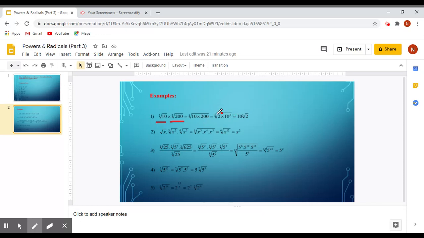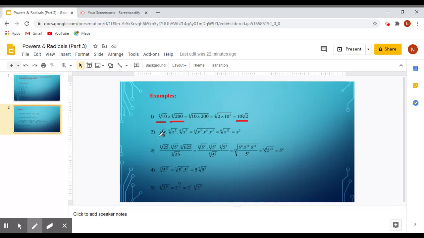Now, we said the cube root of 10 to the 3 is 10, and we will have 2 under the cube root, so our answer will be 10 cube root of 2. Here we have the same root. So cube root of 10 times cube root of 200, we put it under one big cube root and we multiply them.